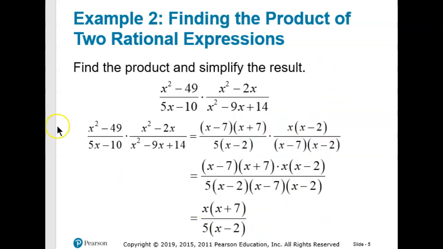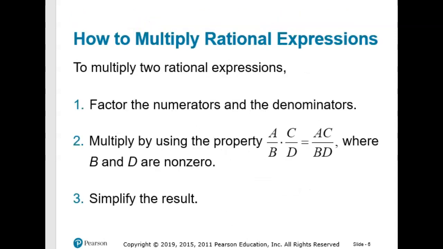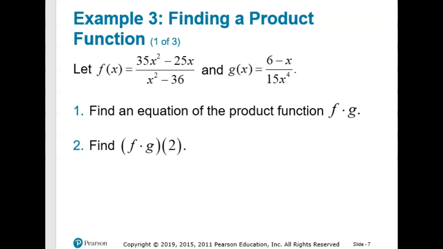So that allows us to take this large problem at the top and simplify it down to something that's much more manageable. So just remember that when you're multiplying rational expressions, you multiply the numerators and the denominators, making sure that the denominators do not equal 0, and then simplify the result.